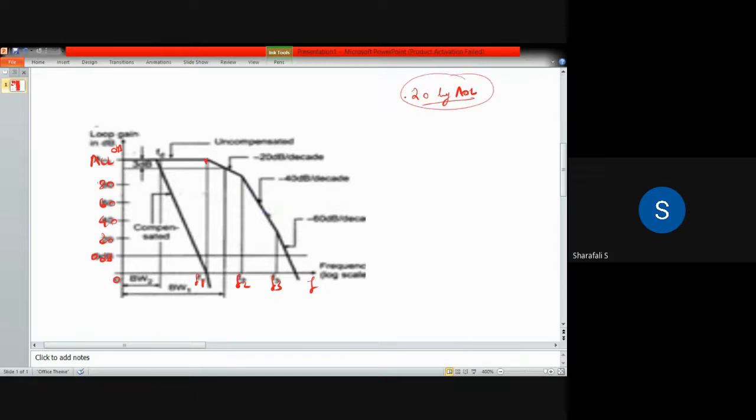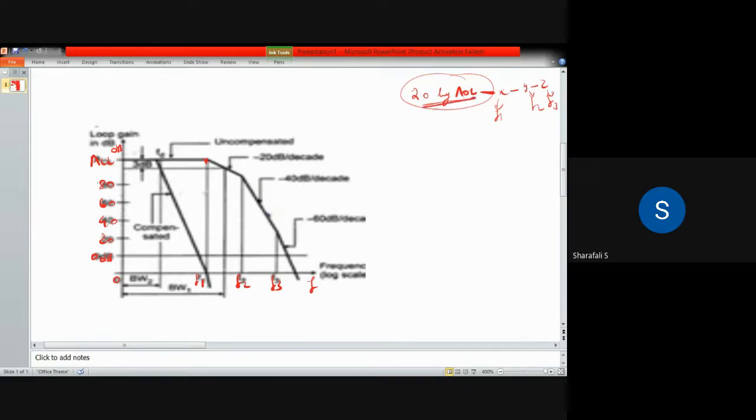So this will become a constant value, and minus we'll get all other terms, three minus terms x, y, z corresponding to these break frequencies f1, f2, and f3. We already discussed in the last class how we can convert that equation into dB, and how we can see that of our gain.